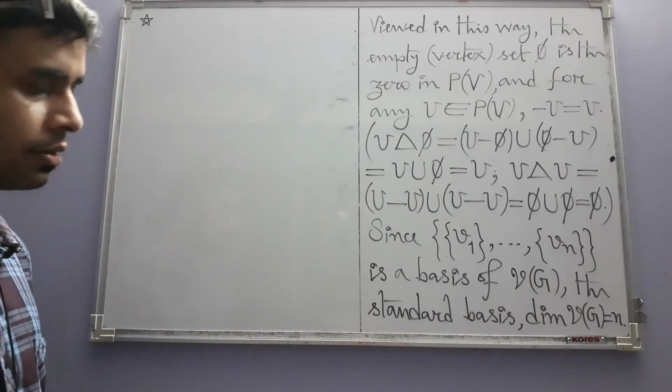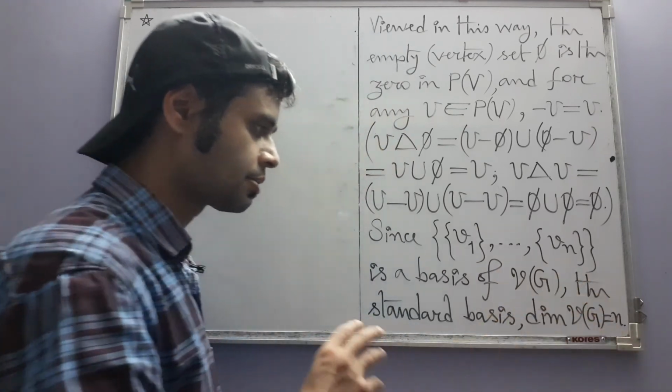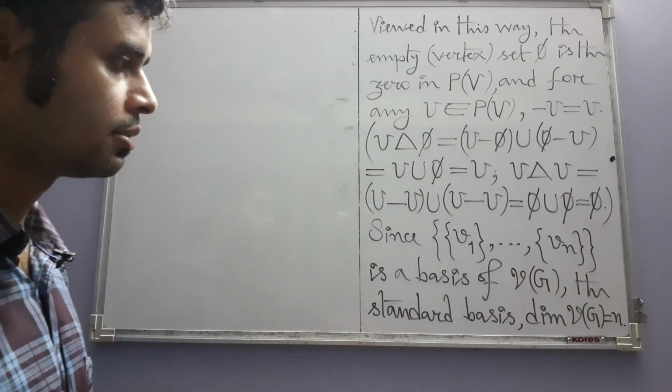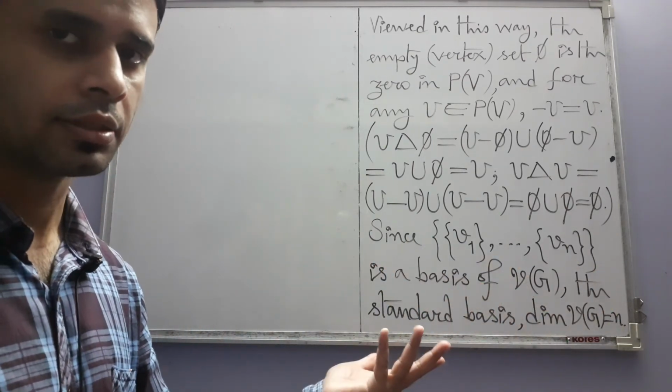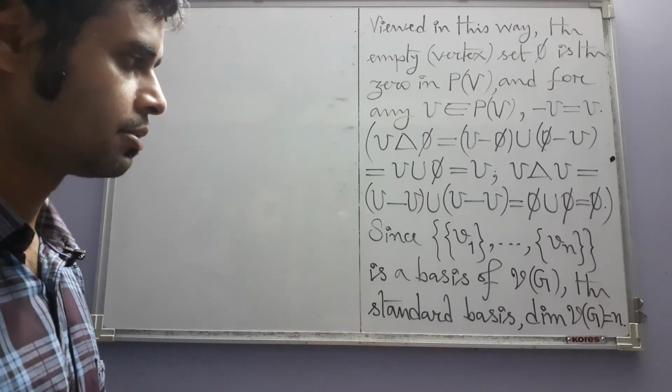And because of this fact, the dimension of our vector space or of P of V, same thing because they are isomorphic vector spaces, is n, the number of vertices in the graph, or the order of the graph, in other words.